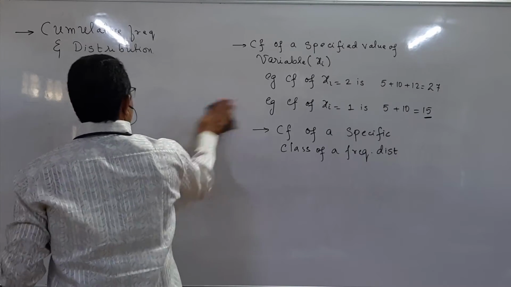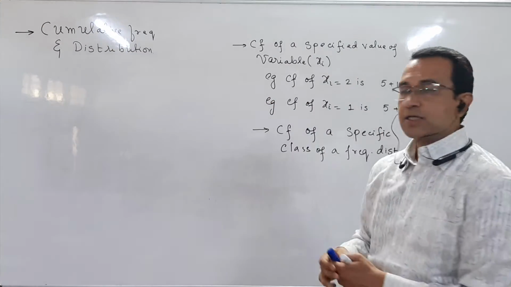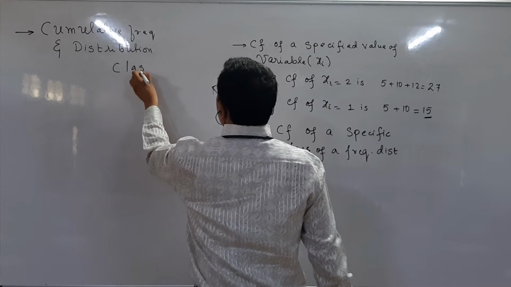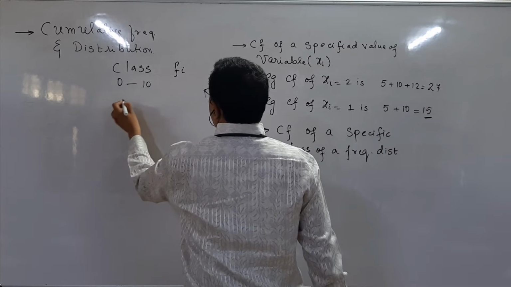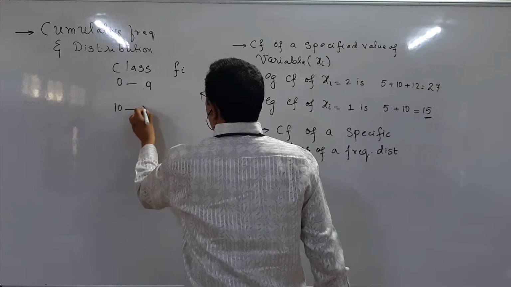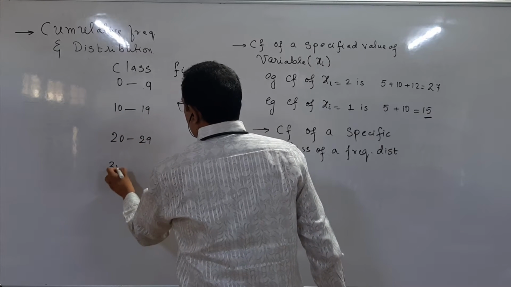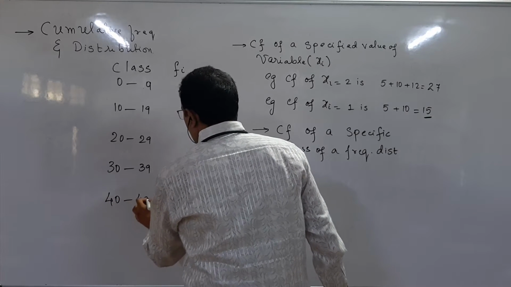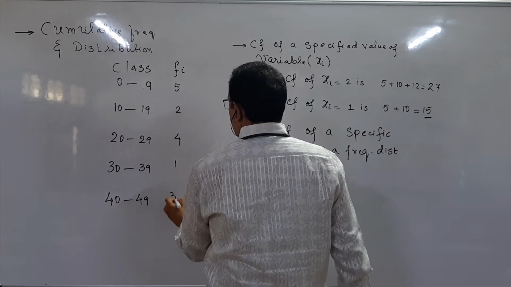Let it be either inclusive or exclusive, that will not matter. I will write classes and fi: 0 to 9, 10 to 19, 20 to 29, 30 to 39, and 40 to 49. So frequencies are 5, 2, 4, 1, and 3.